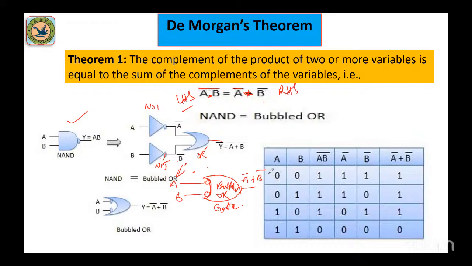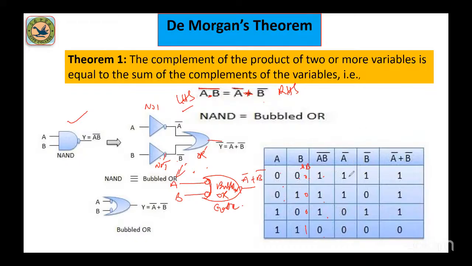For the truth table, the inputs are 0 0, 0 1, 1 0, 1 1. What is A dot B? A dot B is 0, 0, 0, 1. A dot B whole bar means complementing: 1, 1, 1, 0.